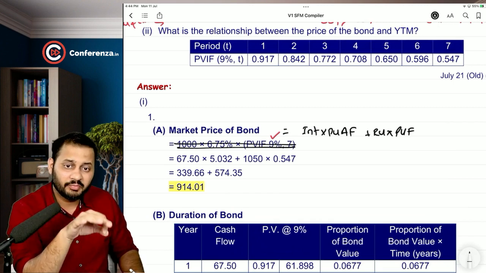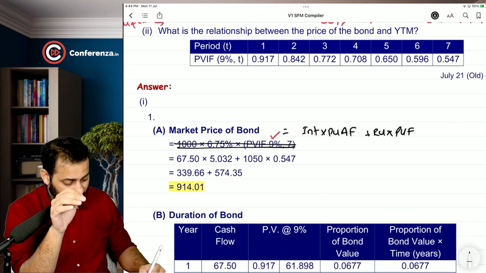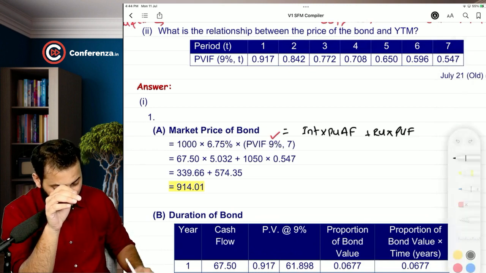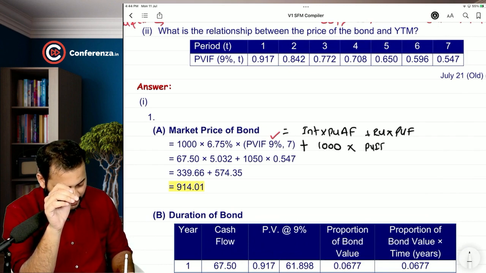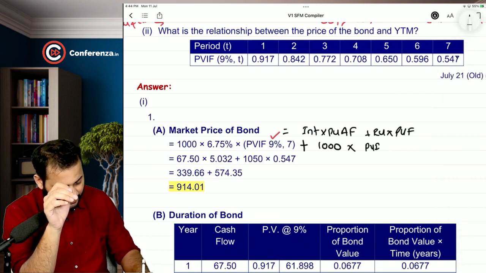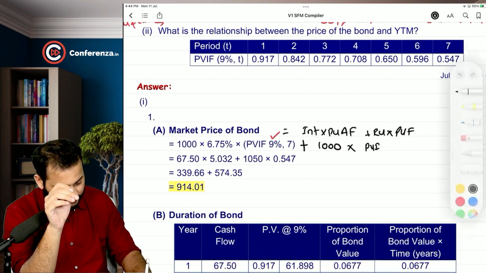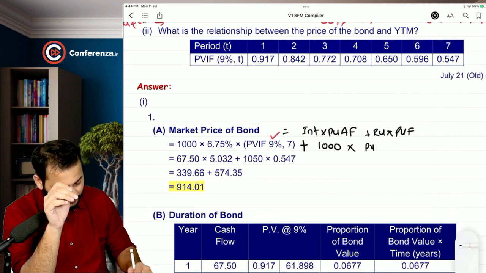This is only one part. Or instead of removing, what you can do here is plus 1000 redemption value into PVIF 9%, PVF, 7.